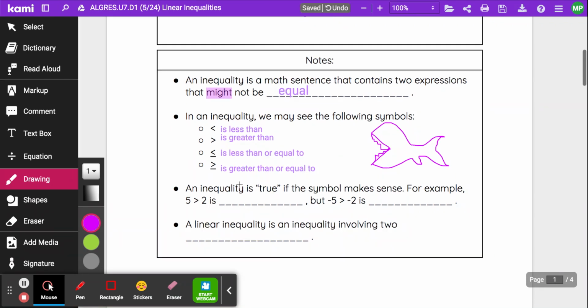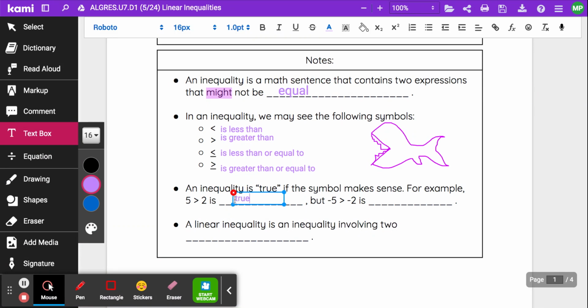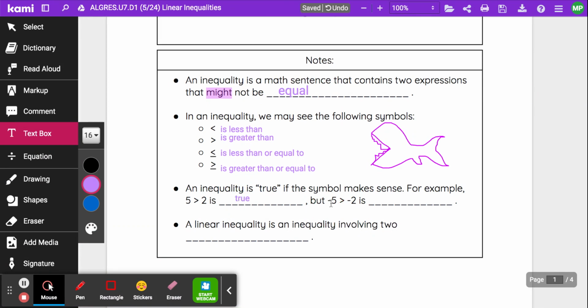All right. Next up, an inequality is true if the symbol makes sense. So let's read each of these. This one says 5 is greater than 2. That statement would be true. However, this one says -5 is greater than -2.